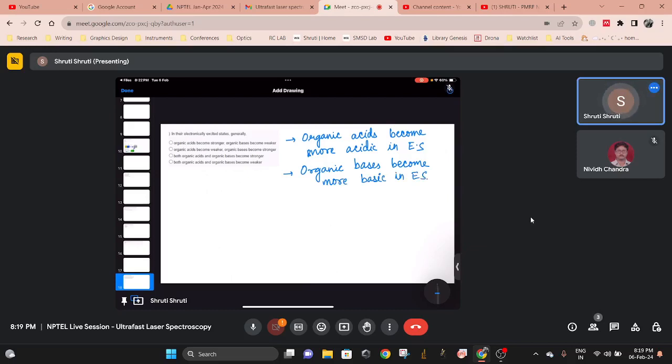I have given the reason for the acids, so the same reason is true for the bases as well. So what happens, suppose we have a base here, and in the excited state. First, let's draw for the ground state. This is the ground state.